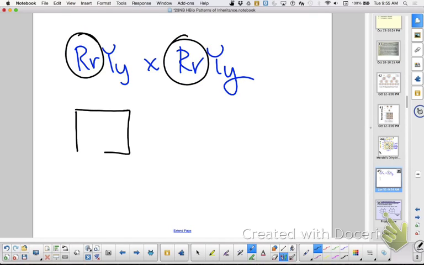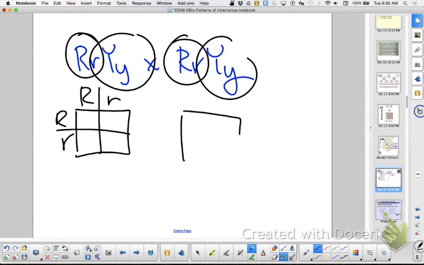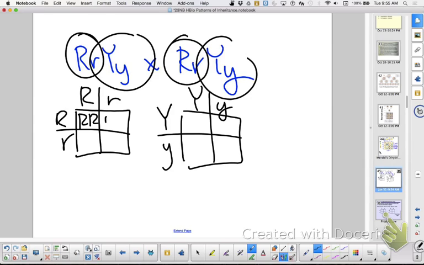So just cross your R's and just cross your Y's all by themselves. Big R, big R, big R, little r, big R, little r, little r, little r; big Y, big Y, big Y, little y, big Y, little y, little y, little y.